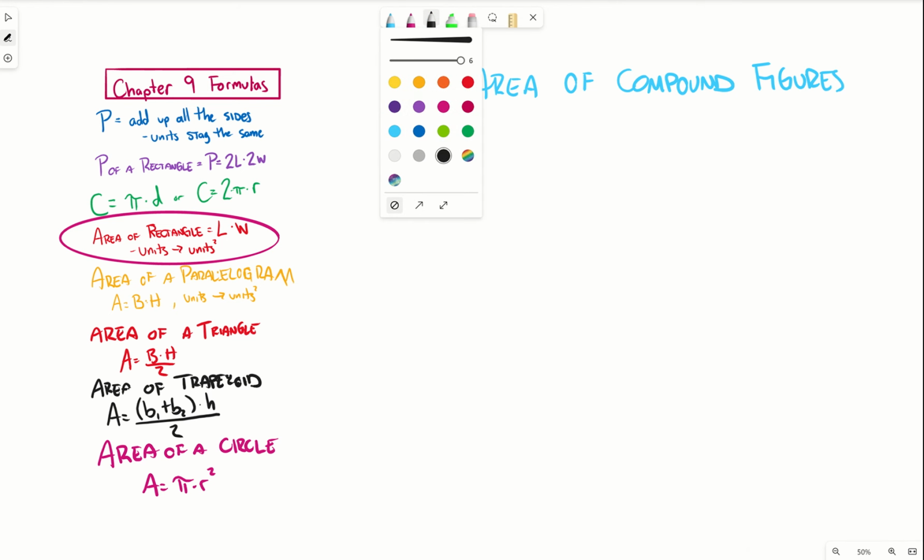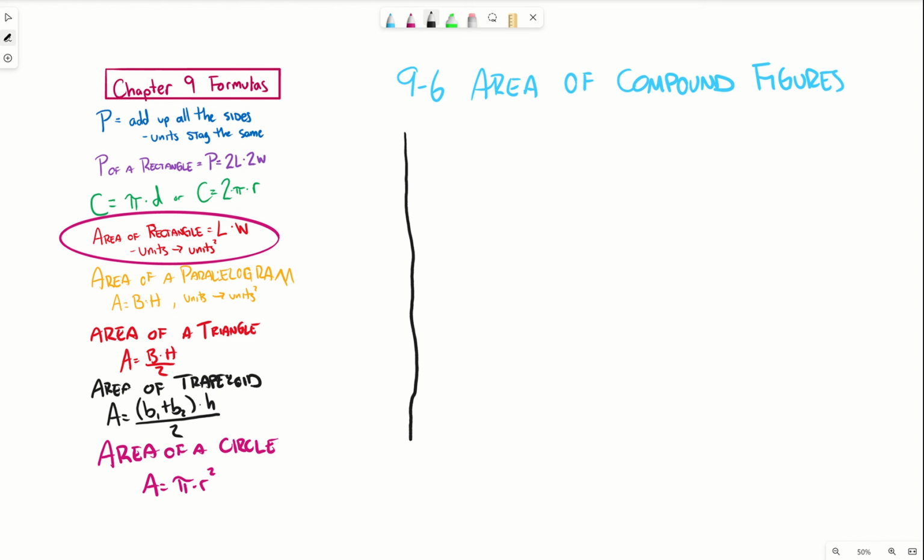Okay, let's say I have, let's go with, there we go. There's a good straight line.